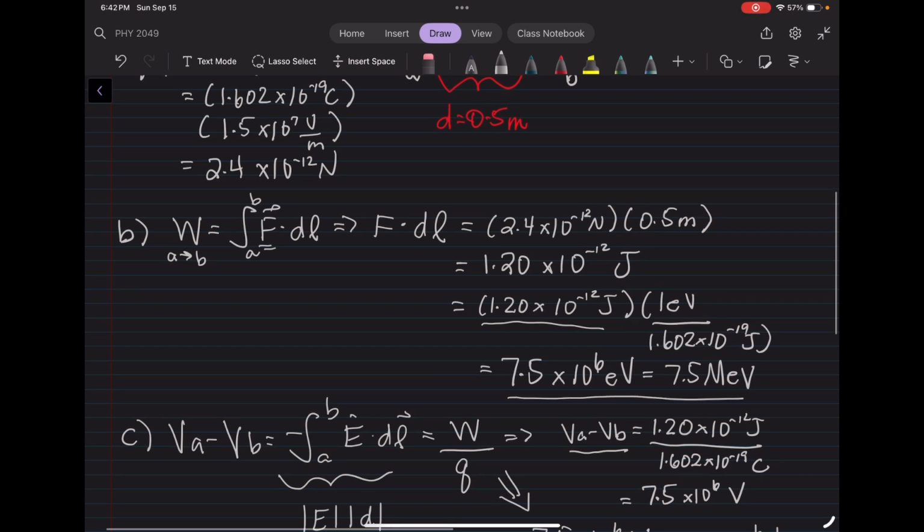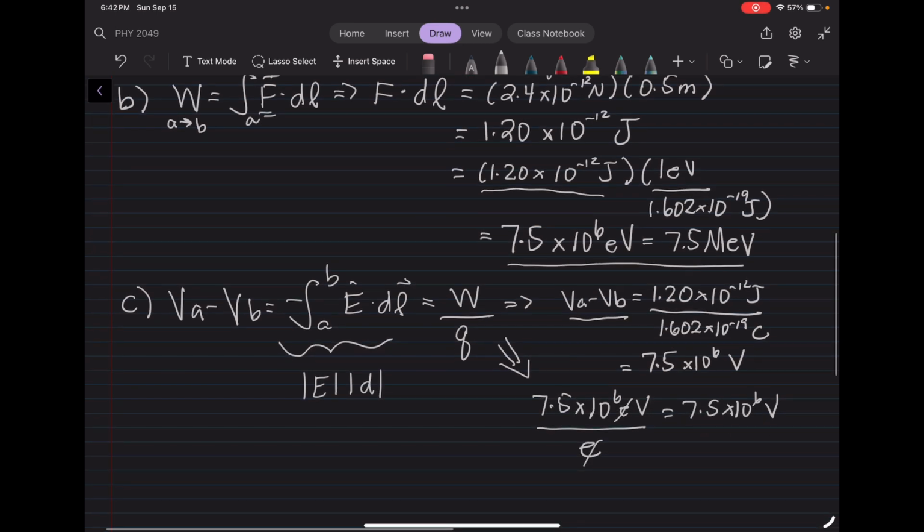Oh yeah, we did that right here, right? This was charge times electric field, and this is a distance, right? So E times d divided by q gives me my voltage back, right? So that's how they're all related. So this is just E times d, which is a voltage.